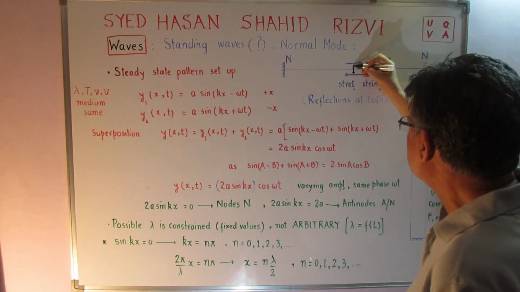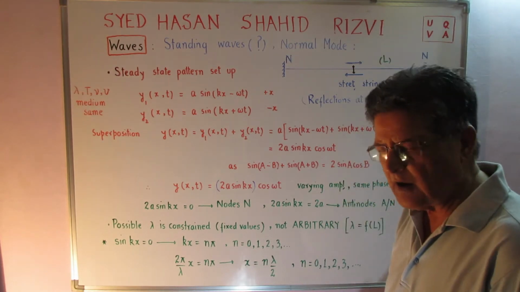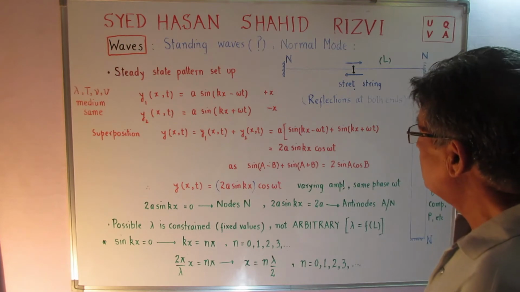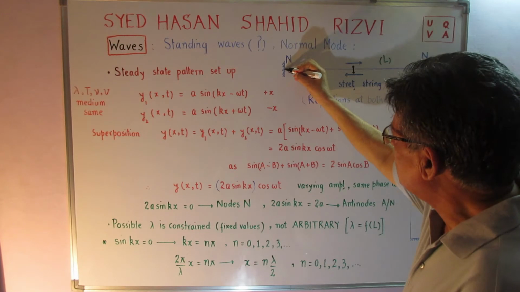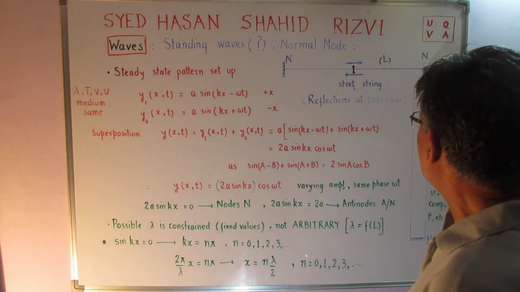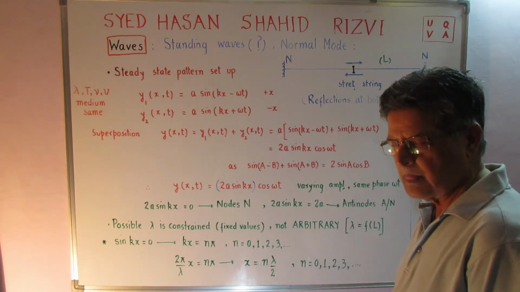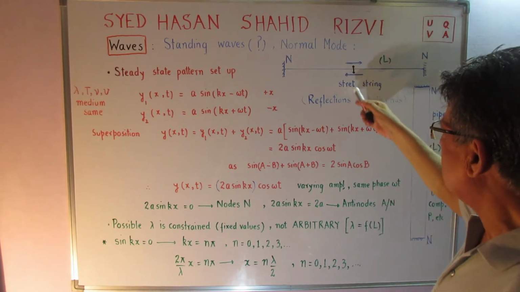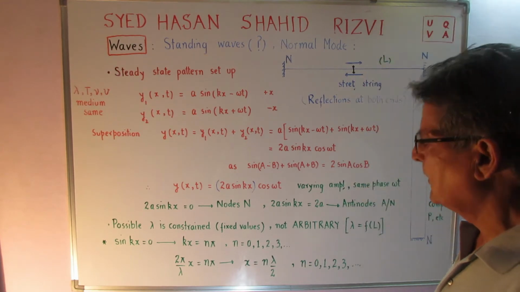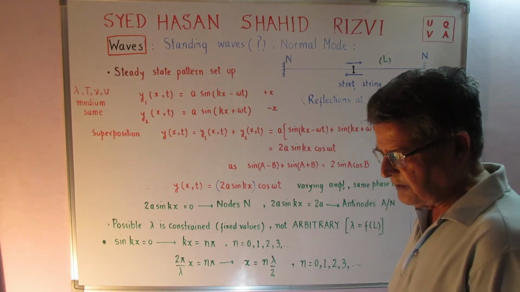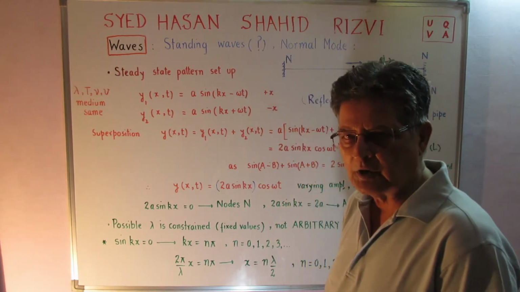I can pluck it as I like, a small pluck or not. But if you take a sitar or guitar and you try to pluck here or here at the two ends, then there shall be no vibrations. Of course, I'll tell you that there will be something called an antinode which will be created over here, and what are the places where the sitar or the guitar or a string can be disturbed.